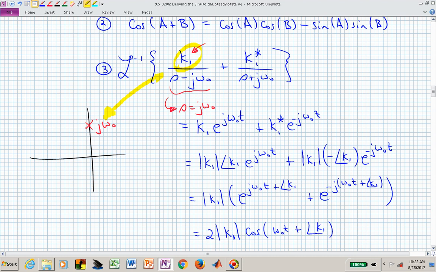When we do that, K1 is a complex number. It has a magnitude and an angle, which is what we're showing here. Then its conjugate just has the negative angle.